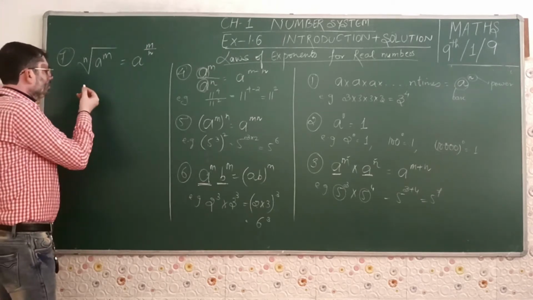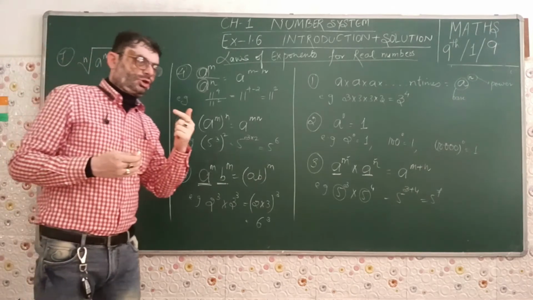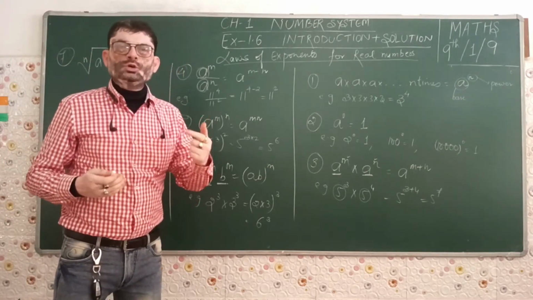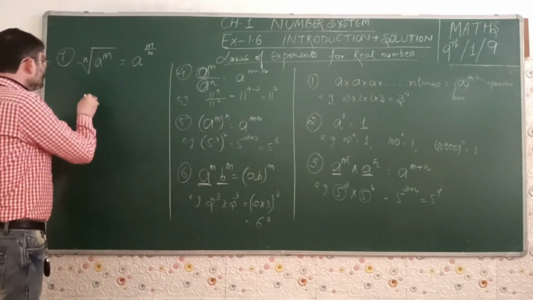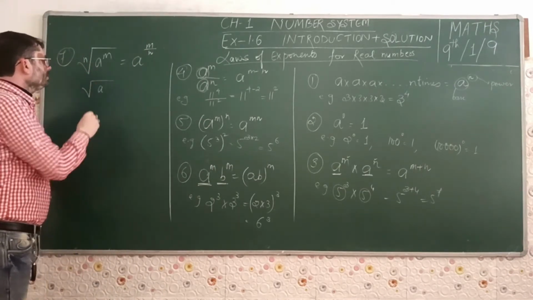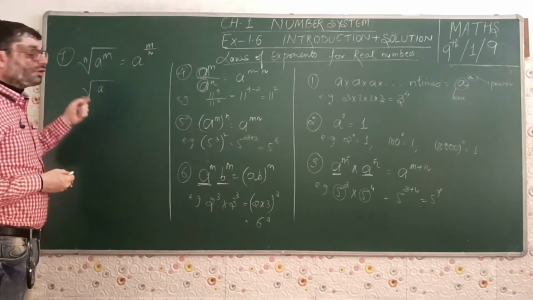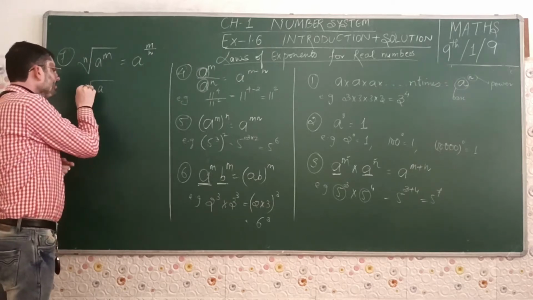Let me recall, when you were studying in standard 8, you learned the chapter squares and square roots, cubes and cube roots. So suppose you were asked, find the square root of a. Then there was nothing written here. It is automatically understood that here we have 2.